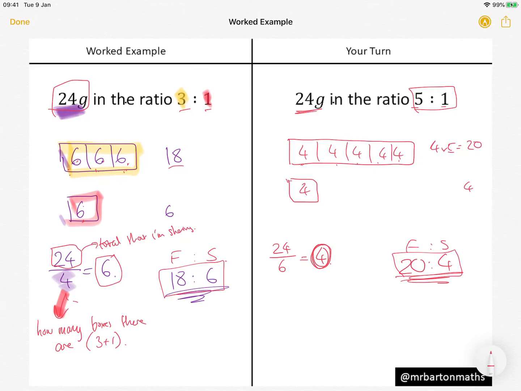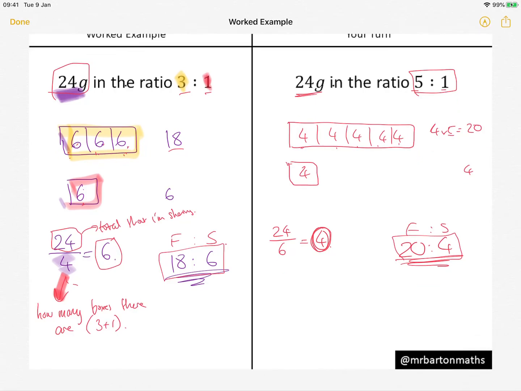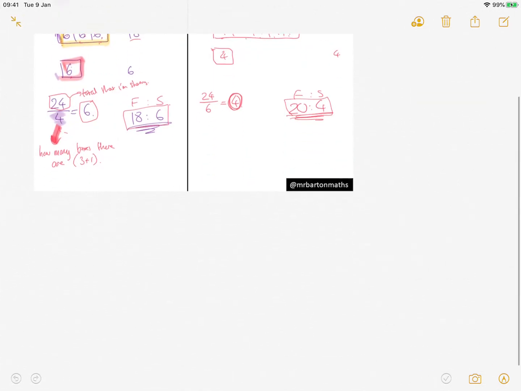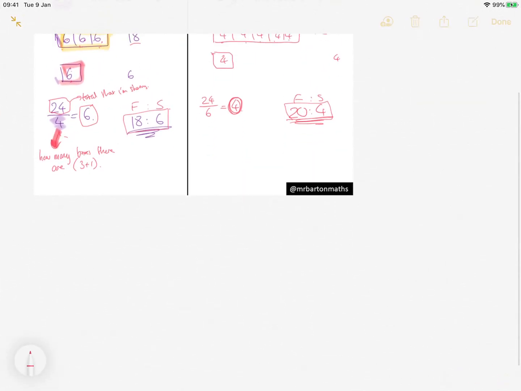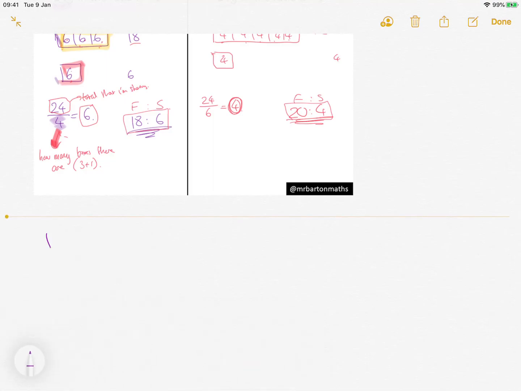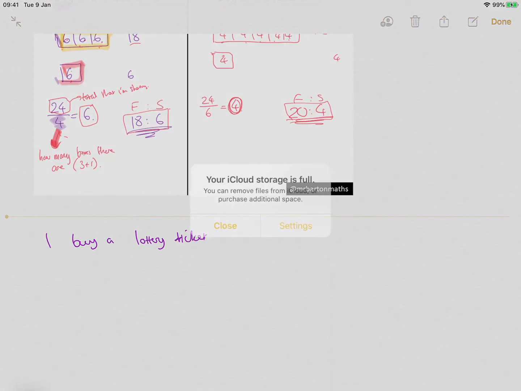I'll just do an example where it's a little bit harder, and I'll do it without the boxes. So let's say I buy a lottery ticket, but I buy it with another person.